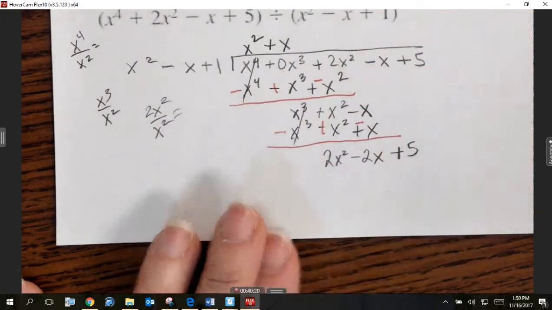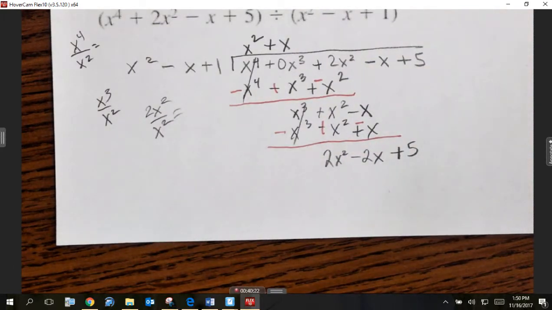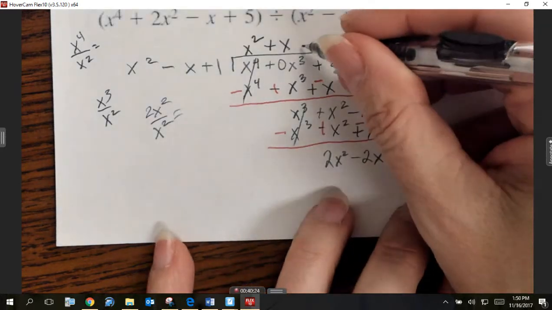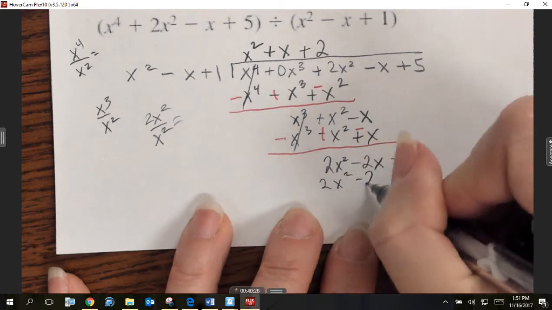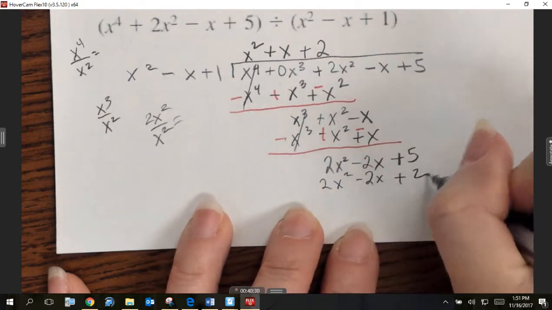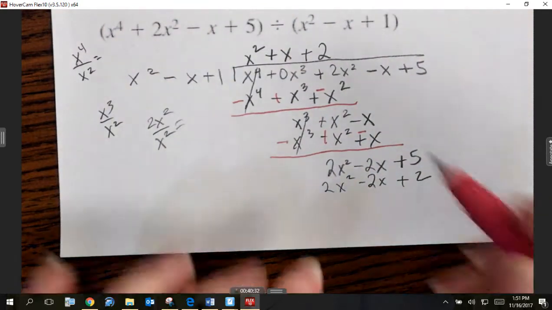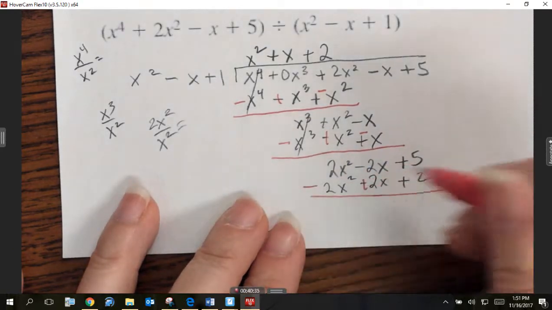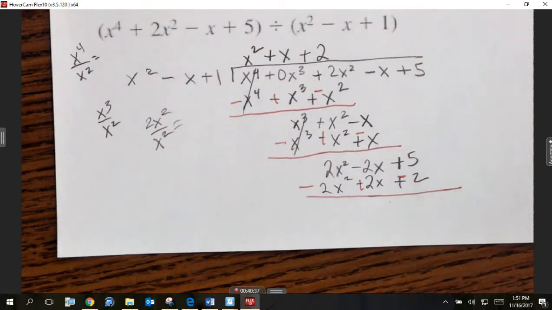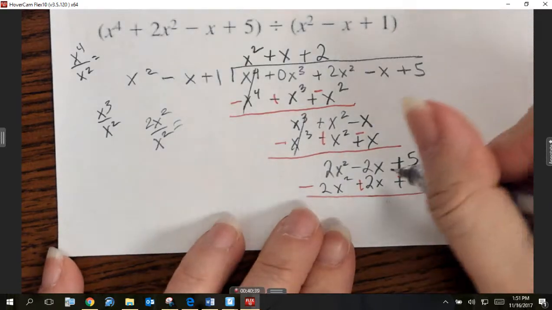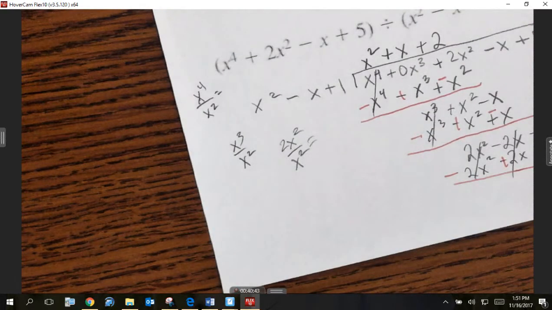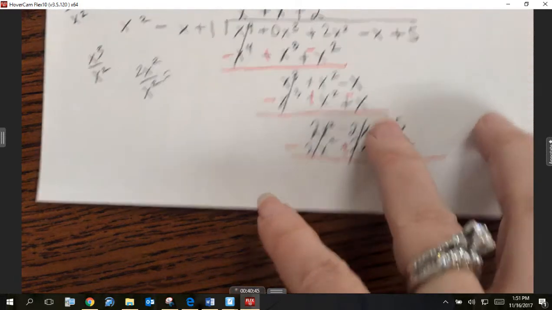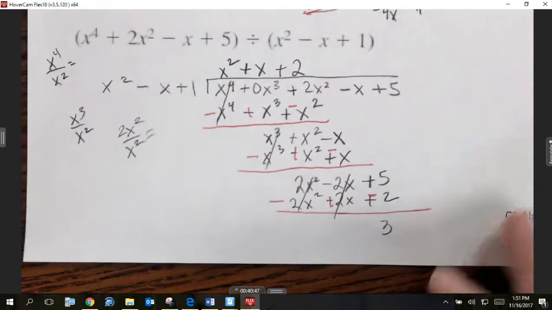What's that equal? 2x squared divided by x squared. What's that equal? 2. Multiply. So 2x squared minus 2x plus 2. Subtract. Draw the line. Change the signs. Those cancel. These cancel. I just get 3. Oh, I'm sorry. I just get 3 for my remainder.